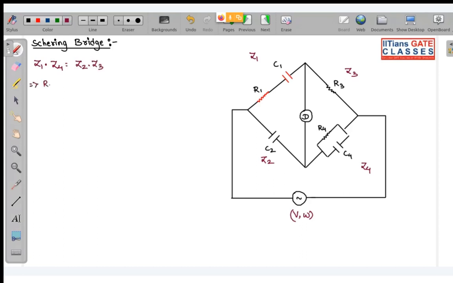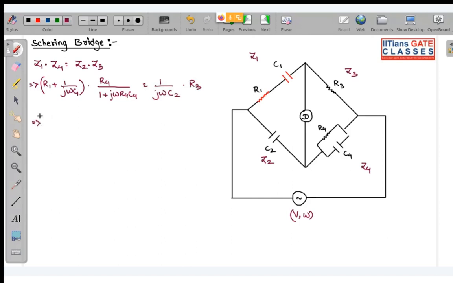So Z1 is equal to R1 plus 1 by j omega C1, into Z4, which is R4 divided by 1 plus j omega R4 C4, is equal to Z2, that is 1 by j omega C2, into R3.